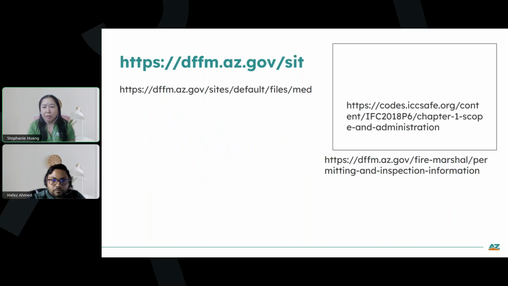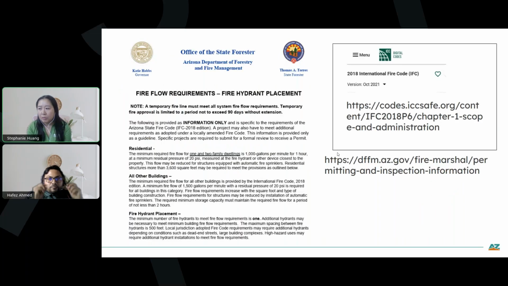So this is more information about fire flow requirements. This is from the Arizona Department of Forestry and Fire Management, and this is the website link to get this information. This is a reiteration of what I just said. They get this information from the Arizona State Fire Code, which is from the International Fire Code 2018 edition.